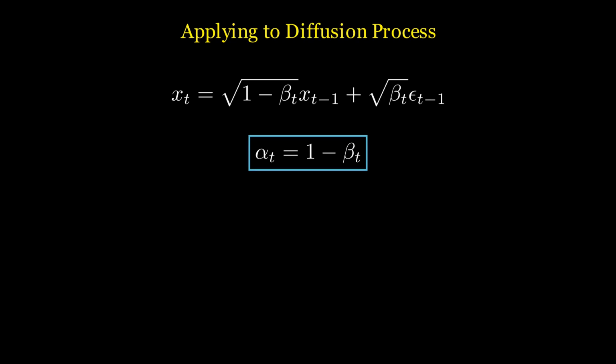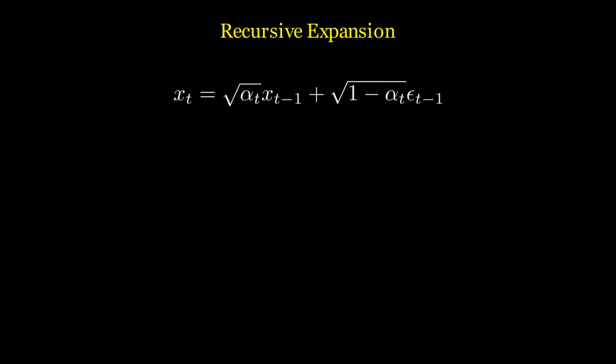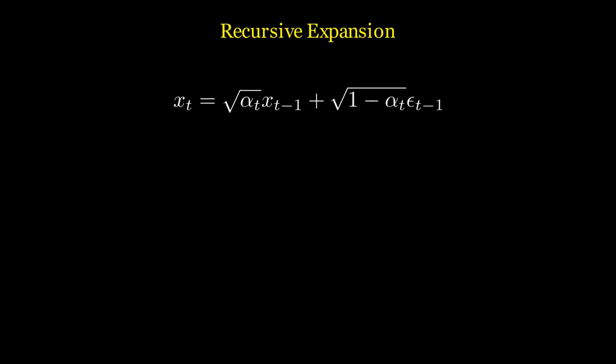So we can now replace the beta terms. First 1 minus beta t becomes alpha t, then beta t becomes 1 minus alpha t. So we arrive at the current equation, xt equals root over alpha t times xt minus 1 plus root over 1 minus alpha t times epsilon t minus 1.